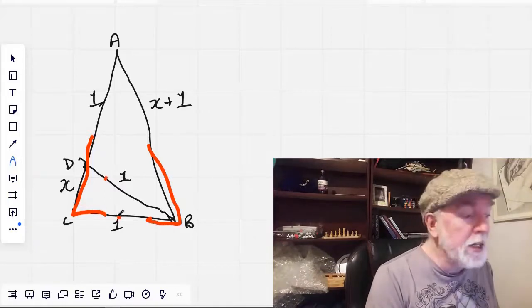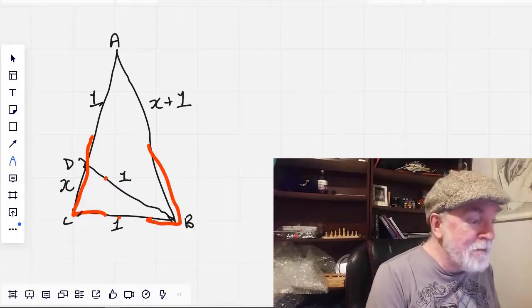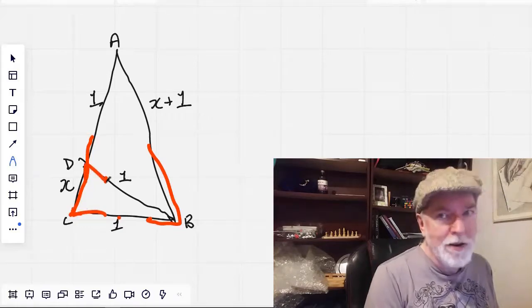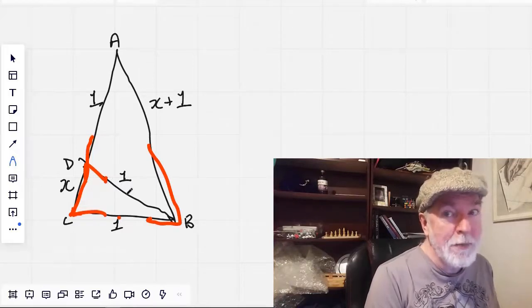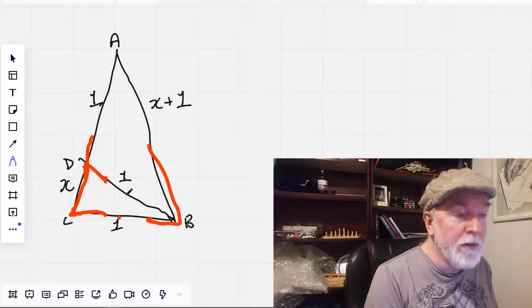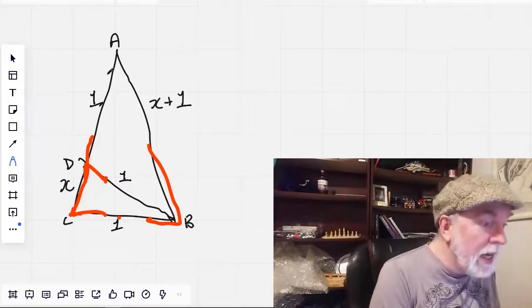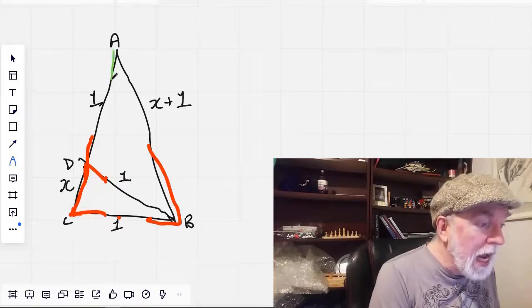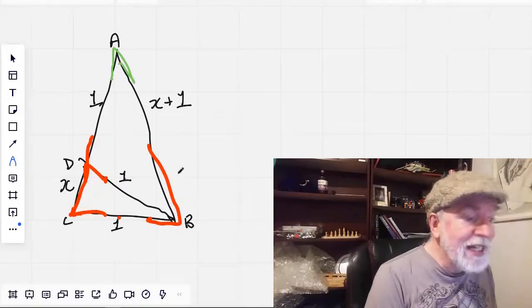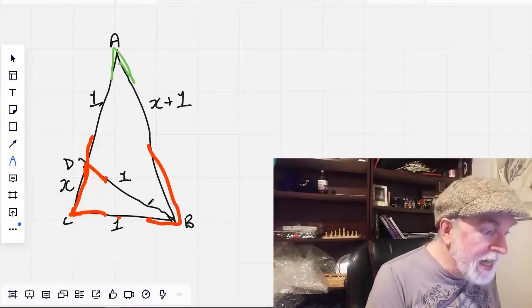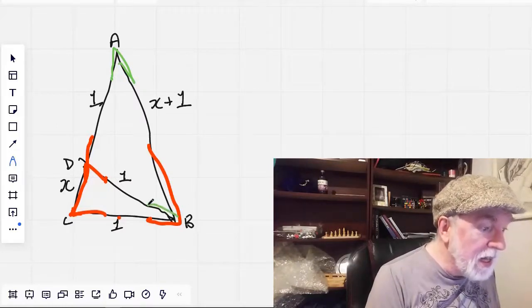Okay? 2 sides are 1, which means its base angles, this and this, are the same. So now we've got 3 instances of that same angle, but it gets more fun. This skinny angle here, A, it's the same as this skinny angle here.